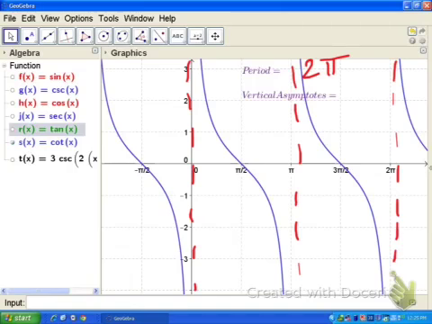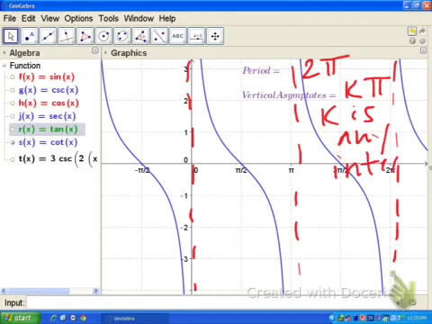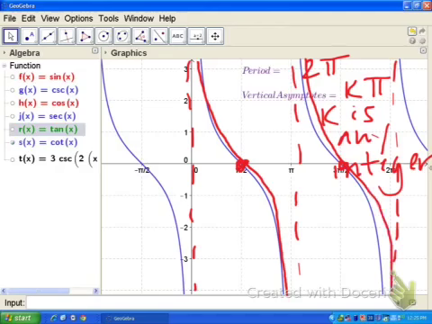Vertical asymptotes occur at all of our k pi, where k is any integer. And again, smack dab in the middle of these asymptotes, it crosses over the x-axis and then it falls down through those individual sections between the asymptotes.